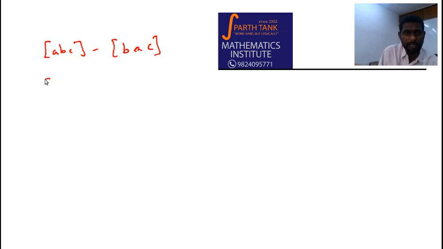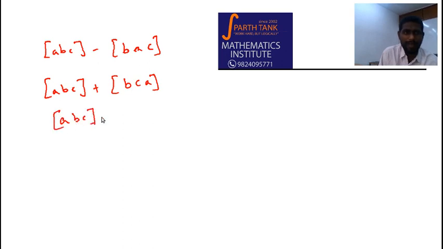Now if I interchange the order here, BAC to ABC, I get another minus, so it becomes plus. So this is 2 times box ABC.